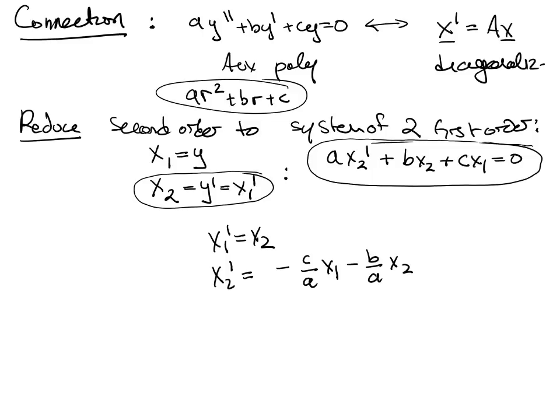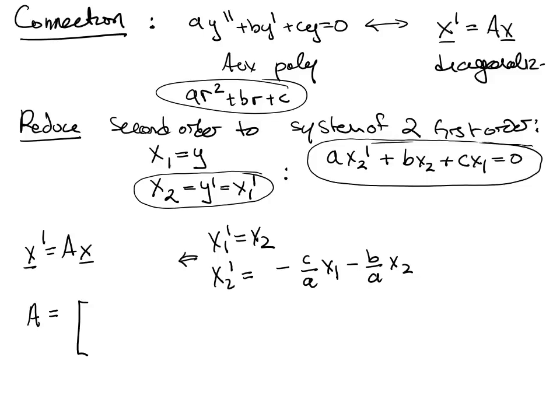But now I can write these in matrix form. So in matrix form, this is just x prime equals Ax, where x is now this two-dimensional vector valued function, where A is the matrix given by these two equations.